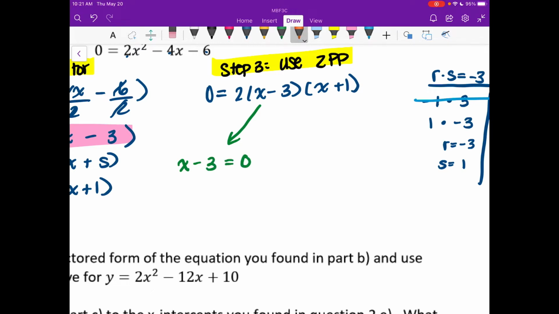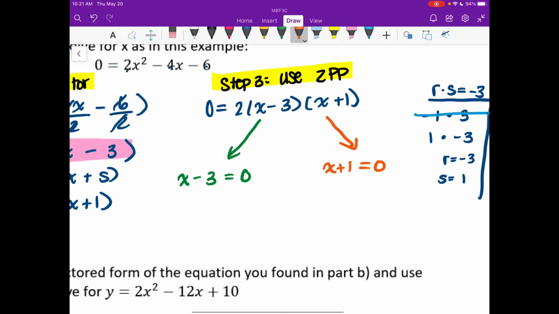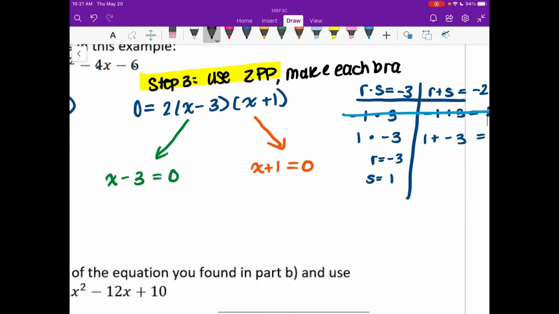Same thing on the other side. Make just the bracket by itself equal to 0. Now solve for x. Use ZPP: make each bracket equal 0.